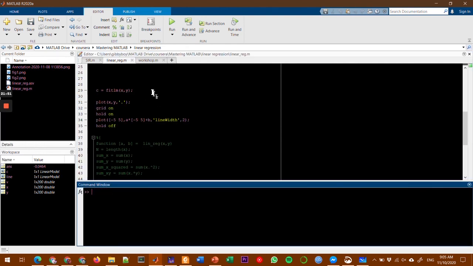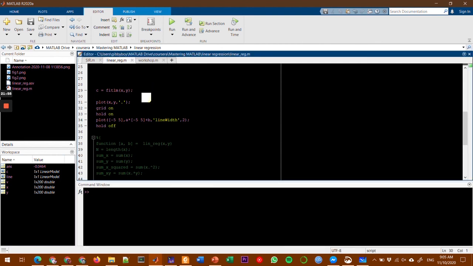Okay, for this case, with fit lm, just have to access its y-intercept and the slope. And also, in order for you to do that, you have to do this. So, A equals, see that. The result is stored in C. So, this is a struct, a struct.